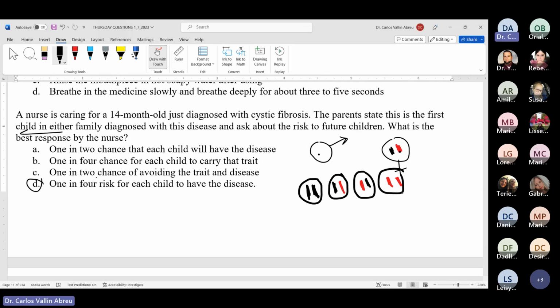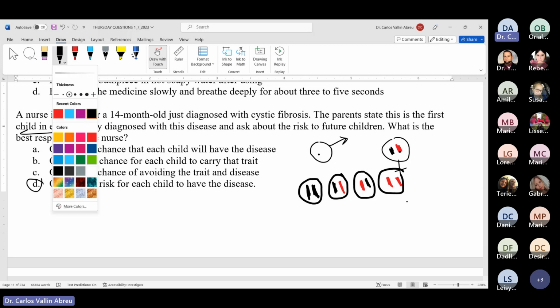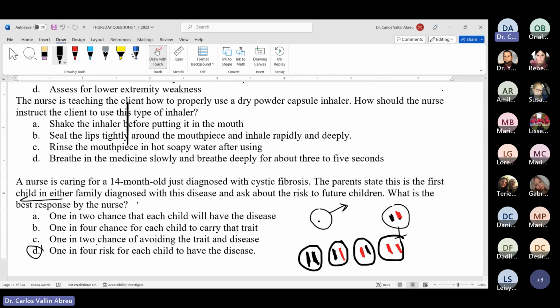So what I have here, I have one individual in 4, because there are 1, 2, 3, 4. 1 in 4 that is clean, a healthy person. 1 in 4 chance of avoiding the trait and disease. It is the individual that avoided the trait and the disease.